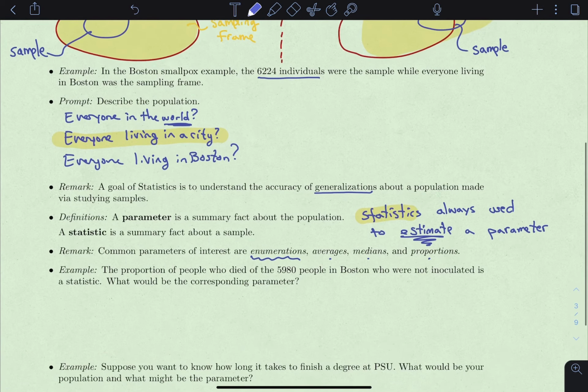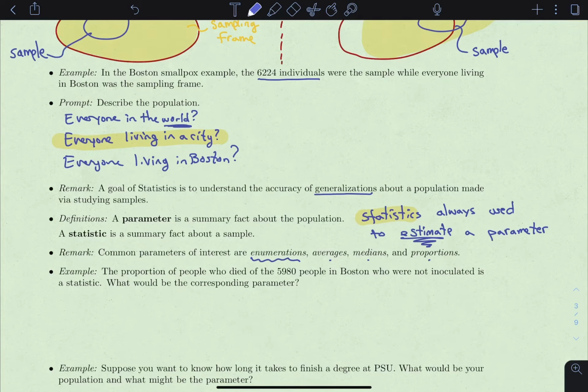So we got this other example: the proportion of people who died of the 5,980 people who were not inoculated is a statistic. The corresponding parameter would be the proportion of all people who died given that they were not inoculated.